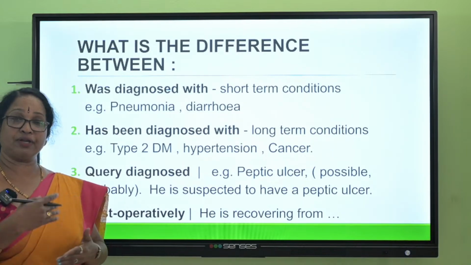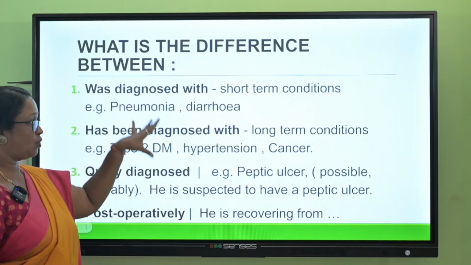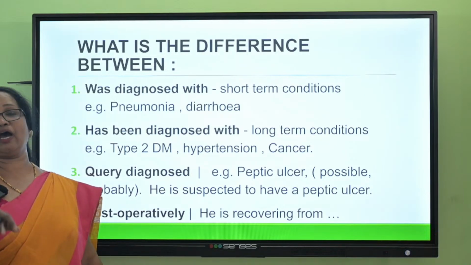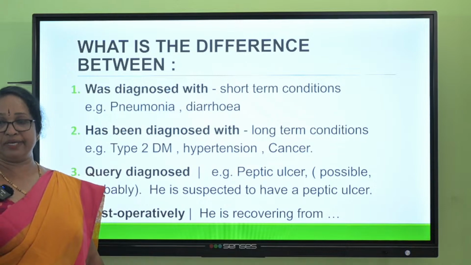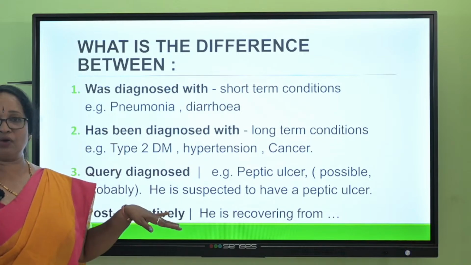He is recovering from or he is recovering after. So, we can go through like this. I think I made it clear for you. If you have any doubts regarding this one, please you can ask your doubts through the box itself and I will clear your doubts through that one.